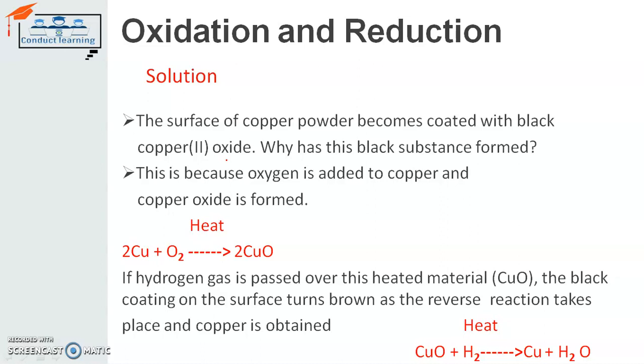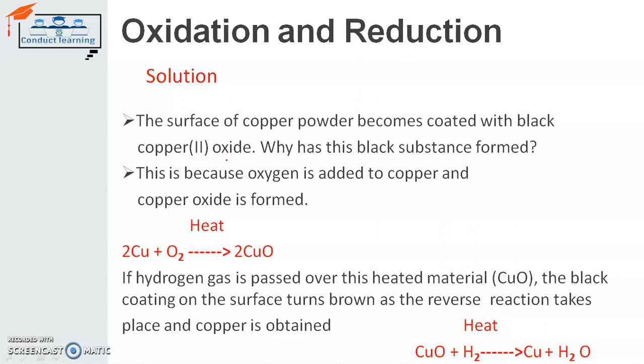So we say copper oxidation has happened. On the other hand, if we produce a reverse reaction on copper oxide by passing hydrogen gas over it, the black color turns to brown. That means the reverse reaction has taken place.